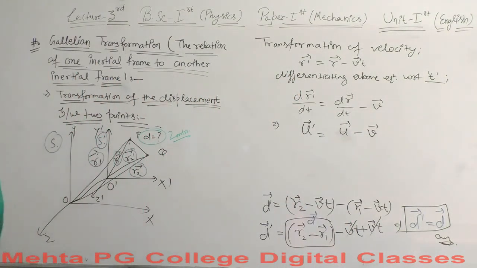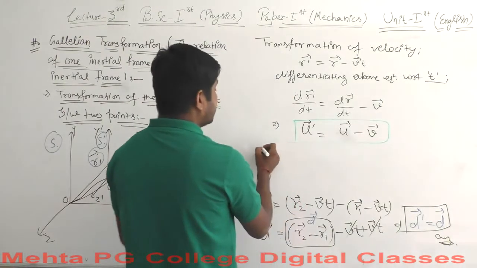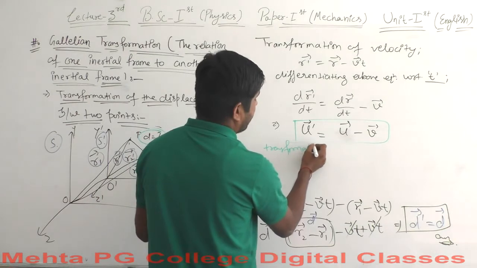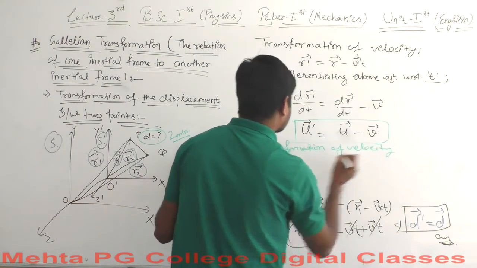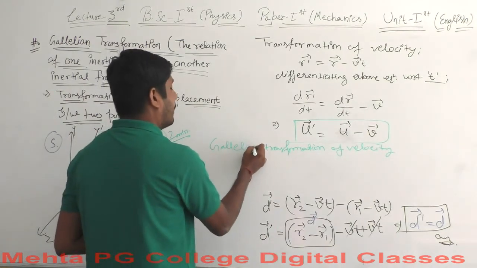So the velocity follows the same coordinate transformation for the frames S dash and S. This equation represents the transformation of velocity, and which transformation? The Galilean transformation.